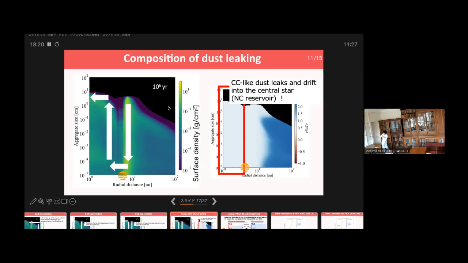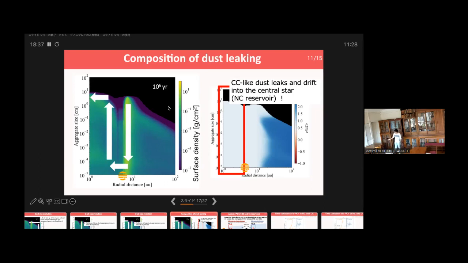So this means that MC-like dust particles leak and drift into the central star. Also this means CC-like dust particles drift into the MC reservoir.